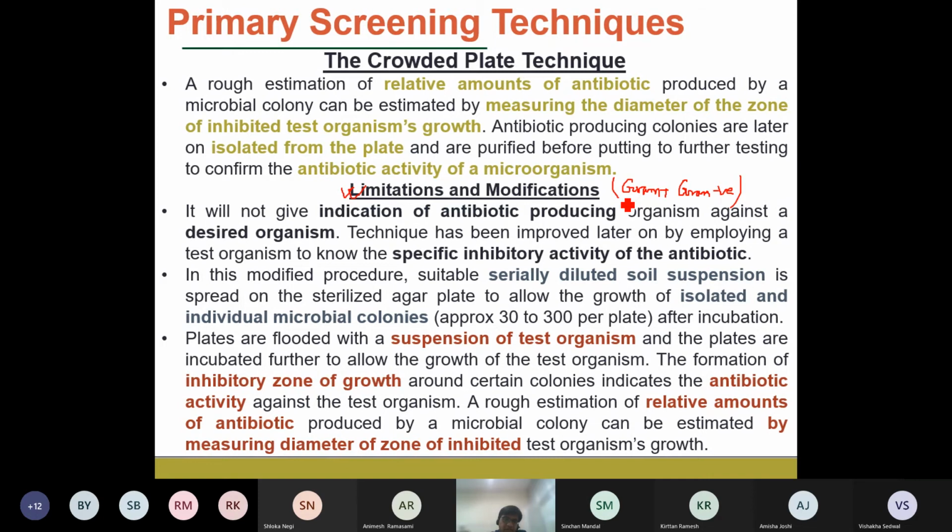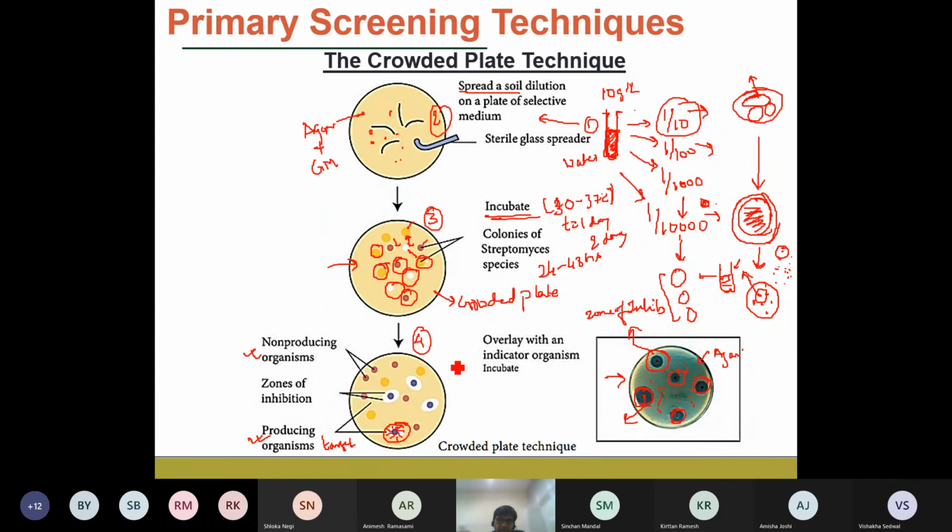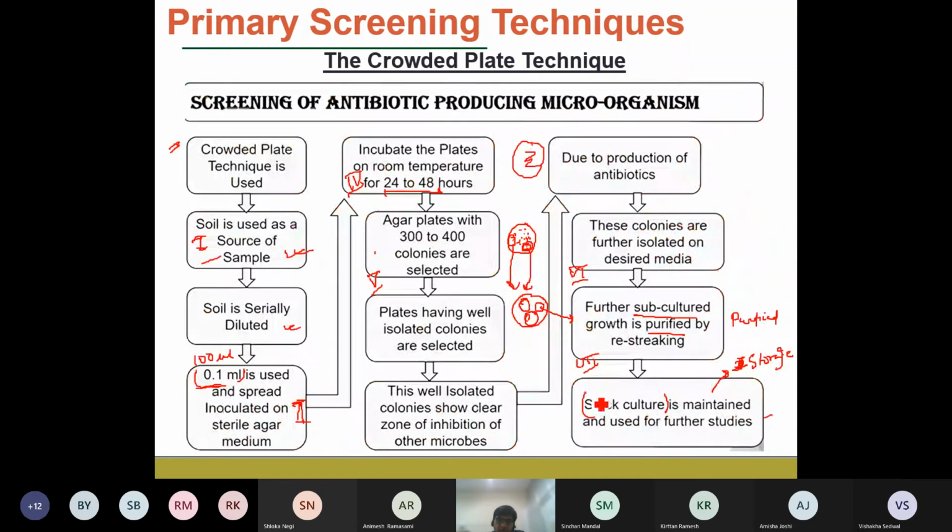So what is the slight modification? Whenever we are plating, for example, we isolate these producing microorganisms. So what we do is culture these microorganisms in several test tubes to make the stock culture.